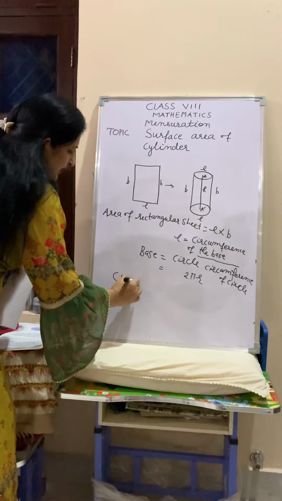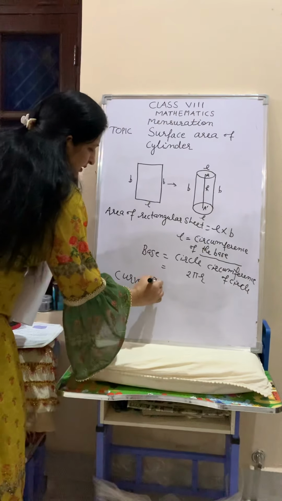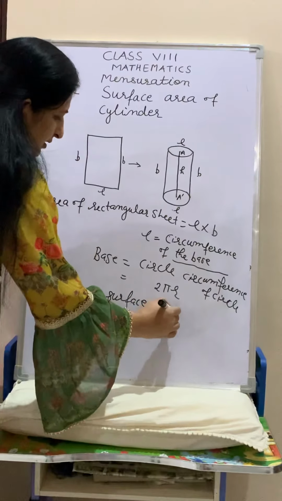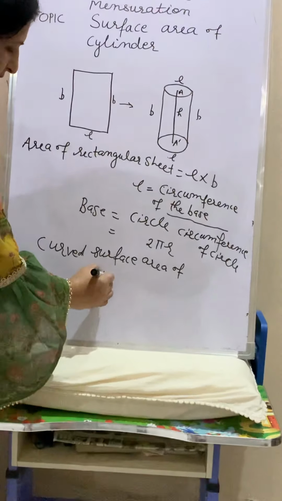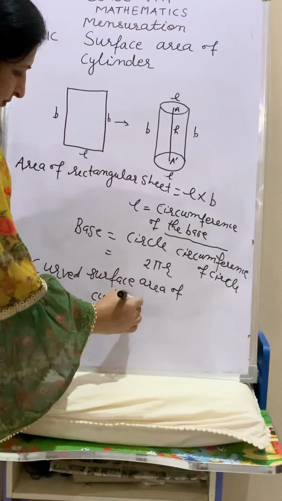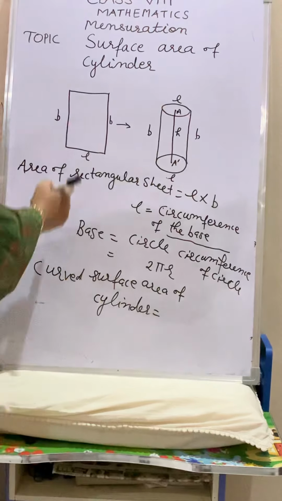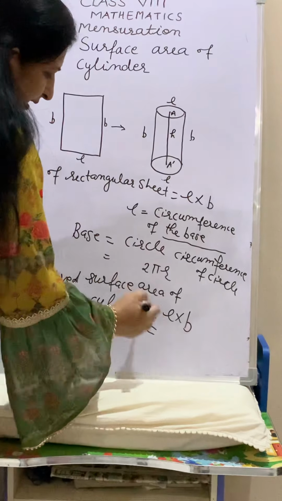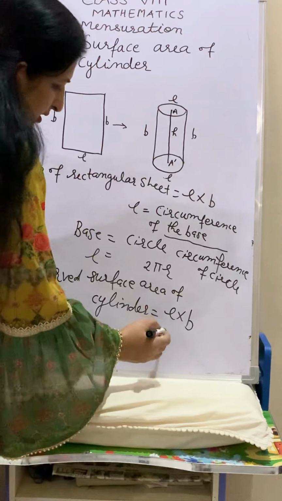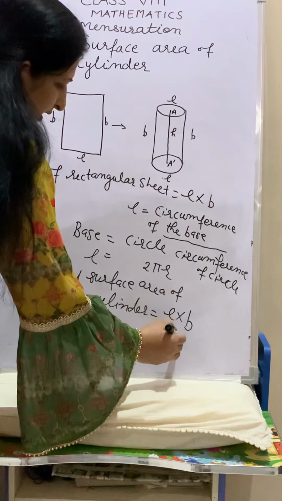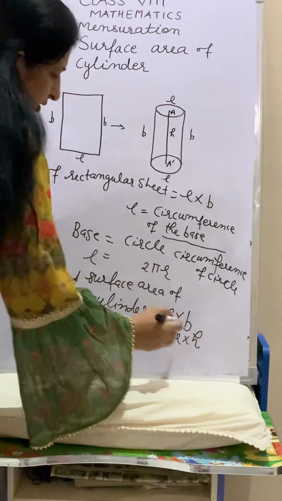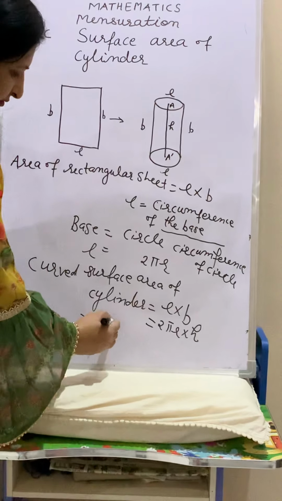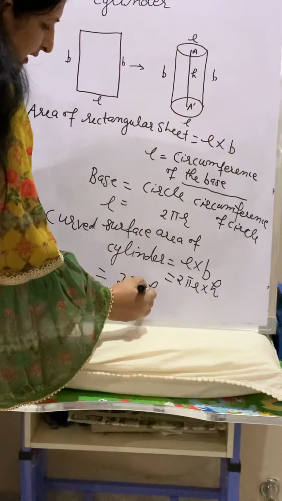Curved surface area of cylinder is the same, L multiplied by B. What is L? L is 2 pi r. And what is B? B is the H. So it is the formula for curved surface area of a cylinder.